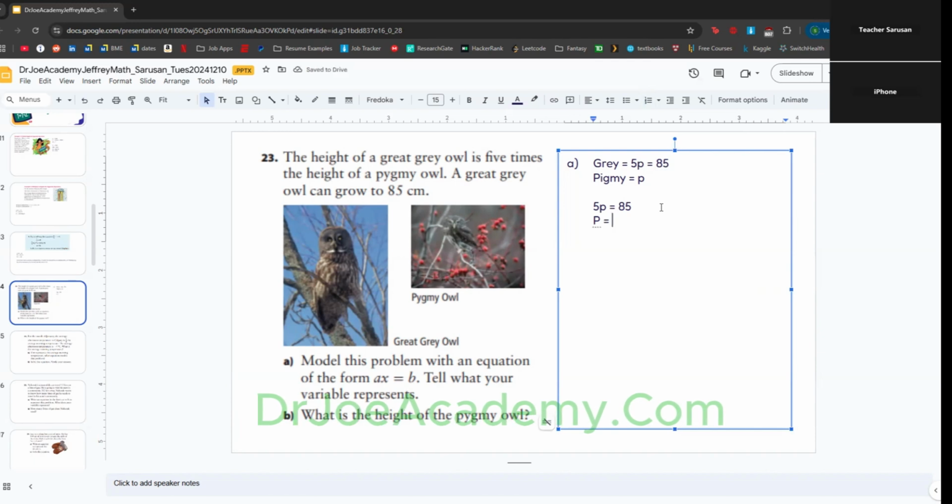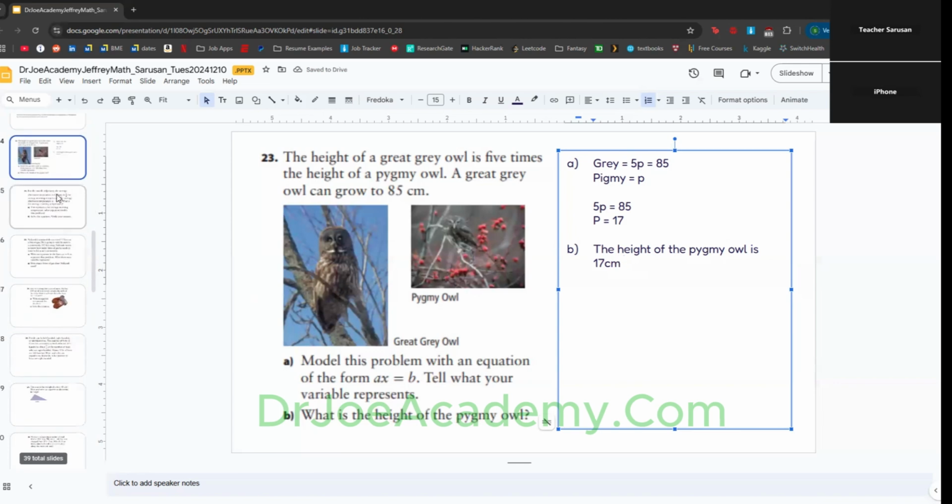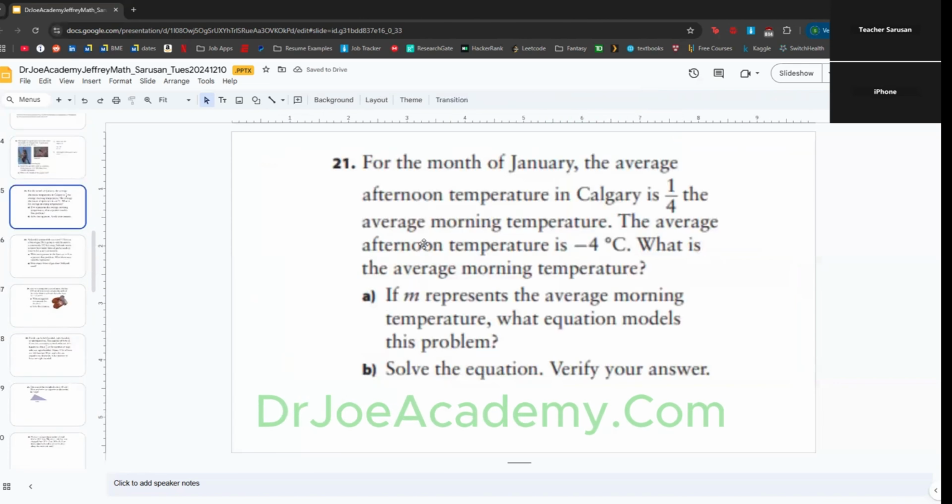It's like 17. 17. Excellent. All right, so that is part B. What is the height of the pygmy? 17. So we'll just write that down. The height of the pygmy owl is 17 centimeters. All right, nicely done. Let's keep it going.